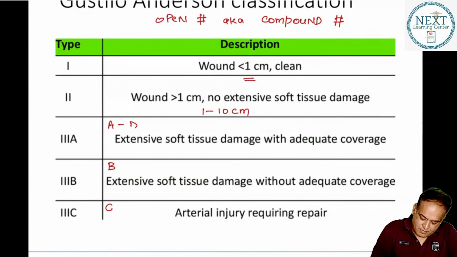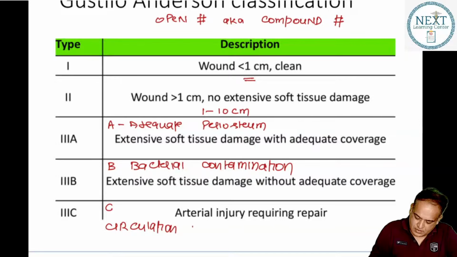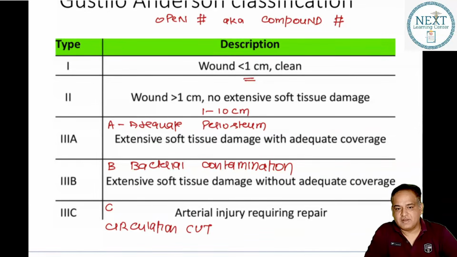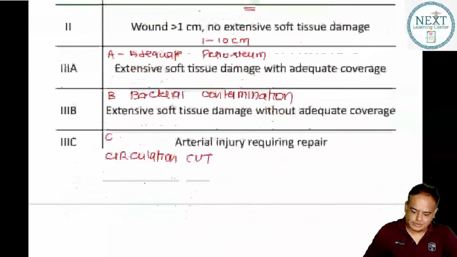So A means there is adequate periosteum present. B, that means there is too much bacterial contamination. C, circulation is completely cut. Gustilo-Anderson classification.